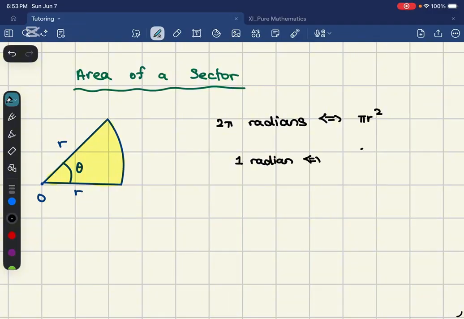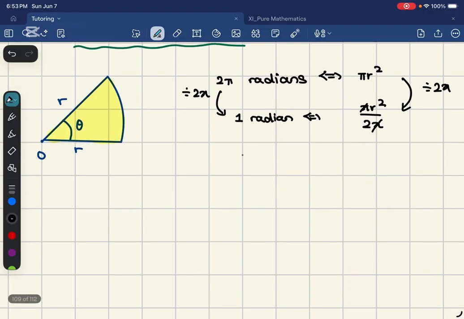Well, 1 radian is going to be pi r squared divided by 2 pi, right? So I divide by 2 pi here, and I divide by 2 pi here. And my pi's are going to cancel out. So I know that 1 radian, if theta is 1 radian, then the yellow area is going to be half r squared.